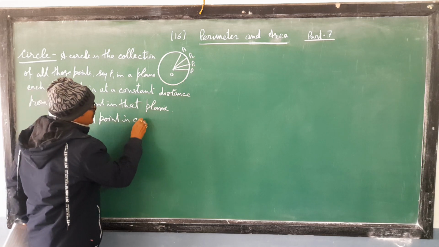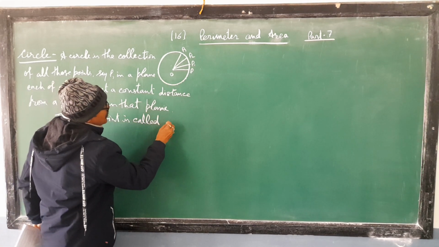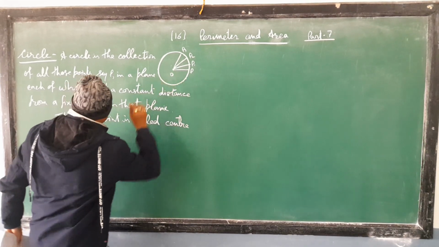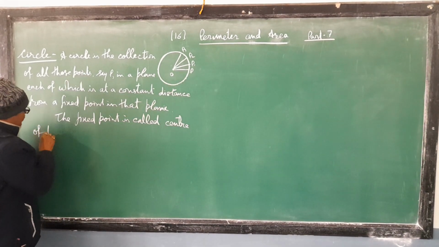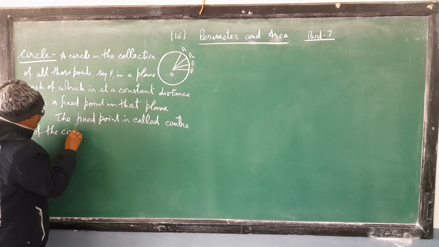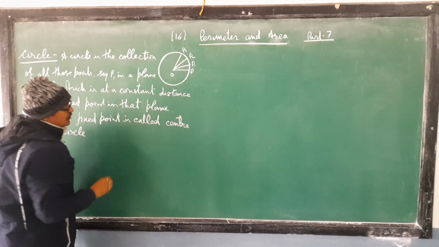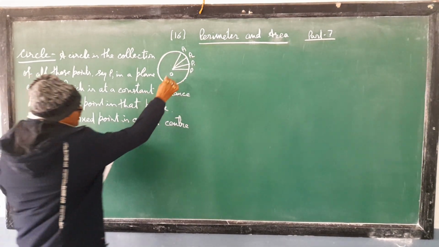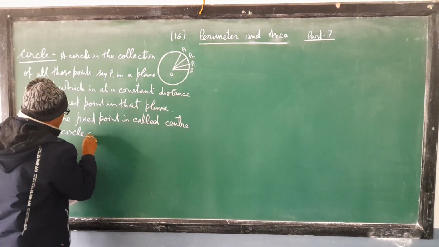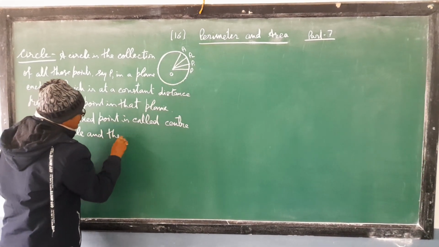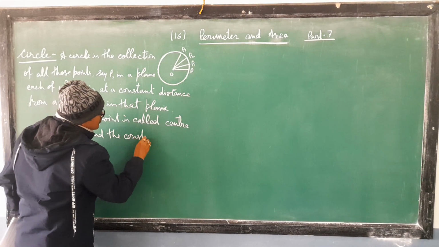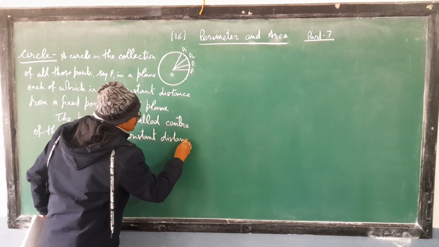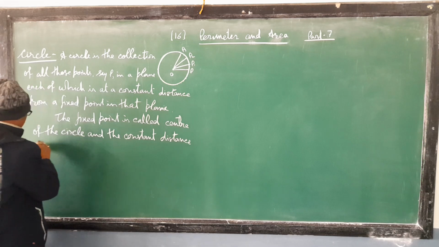O is the center of the circle, and the constant distance OP, OP1 is called the radius.